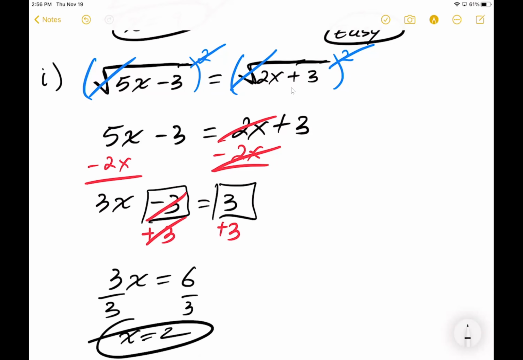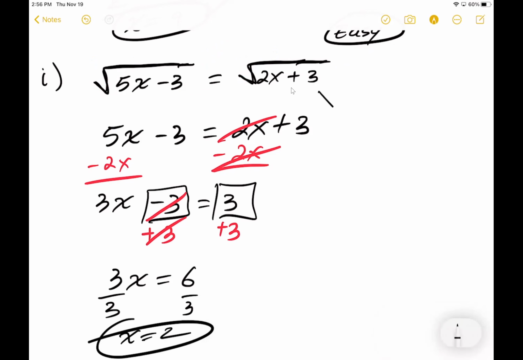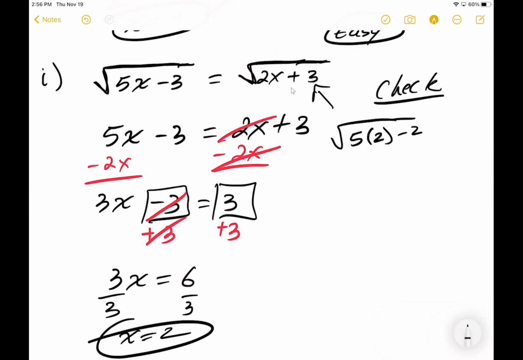Again, you can plug into this item here to see if you have a correct answer. If you check your answer, everybody see that all we need to do is plug in 5 times 2 minus 3. 5 times 2 is 10, minus 3 is the square root of 7.